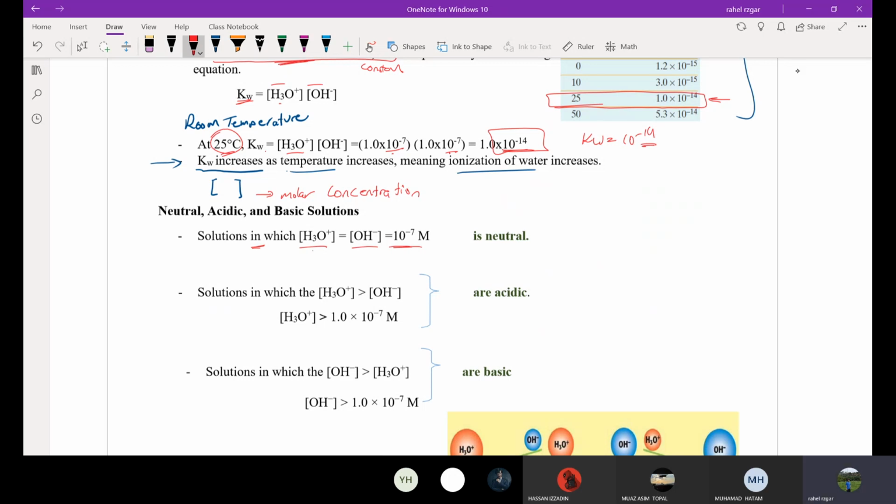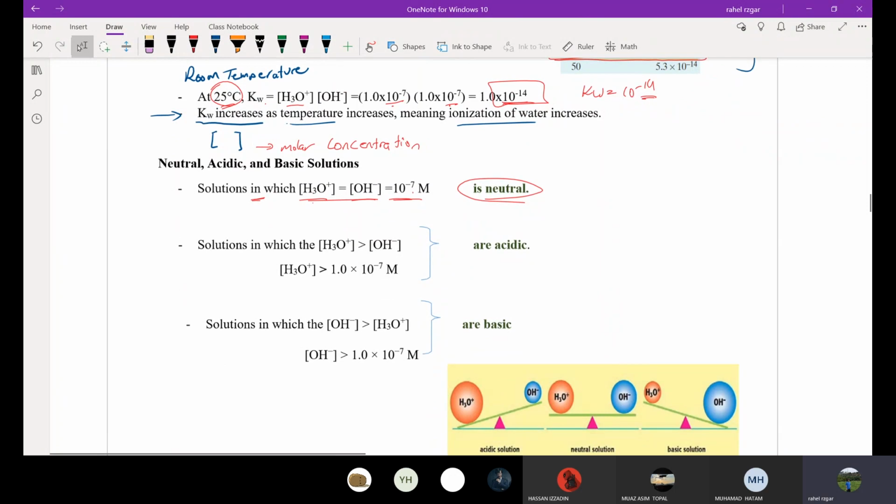It means H3O will be 10 to the power minus 7, and OH will also be 10 to the power minus 7. If both of them are equal, then we call the solution neutral. It's not acidic, it's not basic.